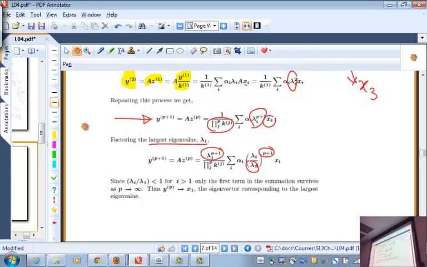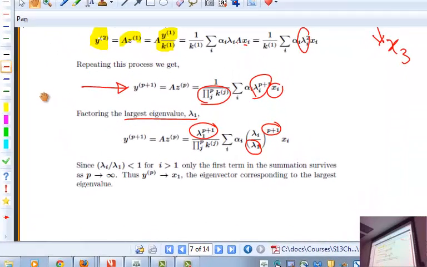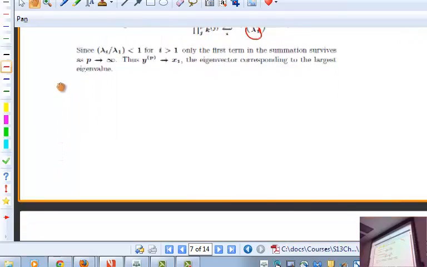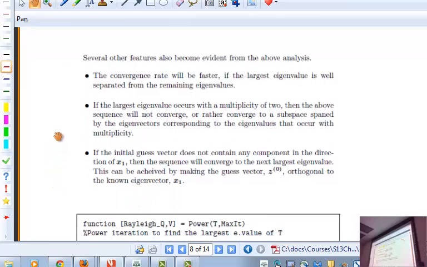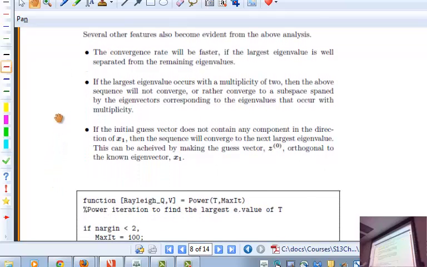Some of the other features also become evident from the above analysis. One is the convergence rate will be faster if the largest eigenvalue is well separated from the remaining values. Does that make sense to you? If lambda 1 over lambda 1 is 1, and the next ratio, lambda 2 over lambda 1, is 0.999, then the convergence rate will be very slow because you have two eigenvalues very close to each other.